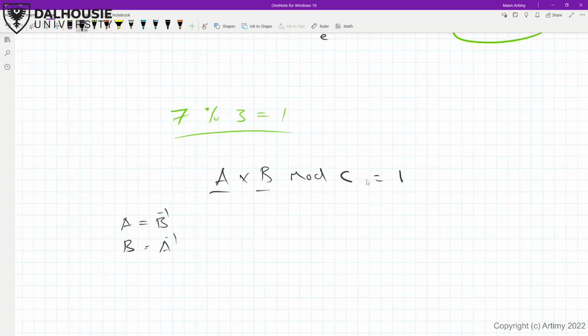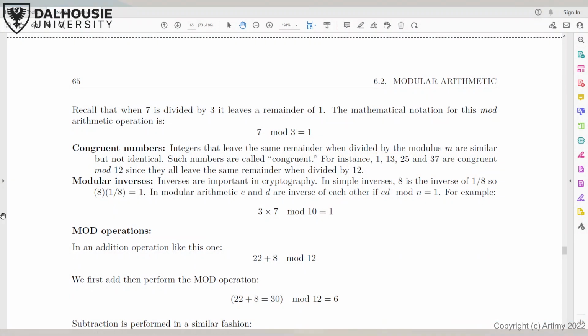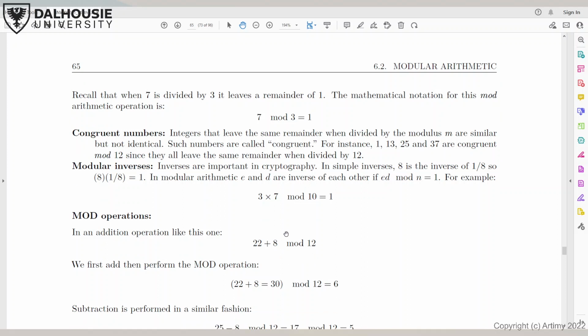Does that mean that 5 multiplied by 1 over 5? No, actually, it may not be this way. There are a few examples here. One of them is 3 multiplied by 7 mod 10 is 1. So obviously 3 is not equal to 1 over 7, right?